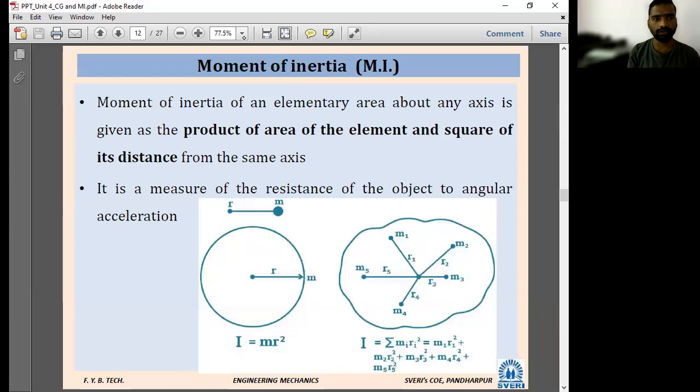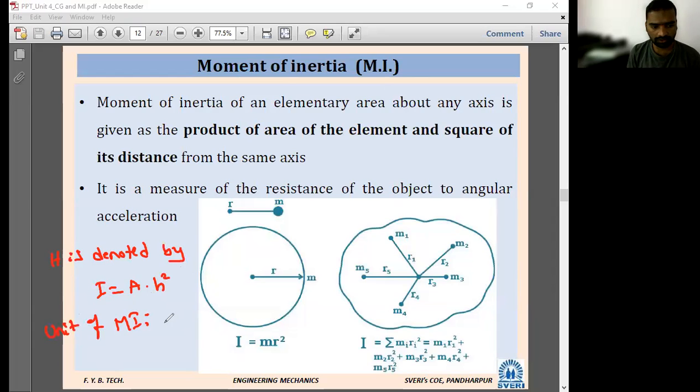Before that one, all of you read on this one. It is denoted by I is equal to A into h square. Unit of moment of inertia, MI: it is mm raised to 4 or cm raised to 4 or meter raised to 4.